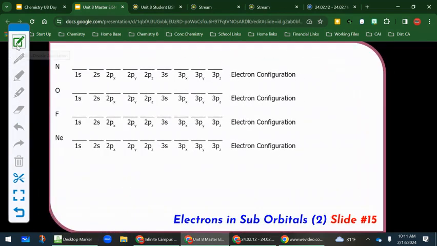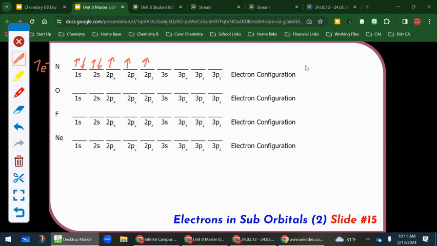All right, nitrogen. How many electrons? 7. 1, 2, 3, 4, 5, 6. Where does the 7th go? 2p. x, y, or z? z. Singly first, then doubly.